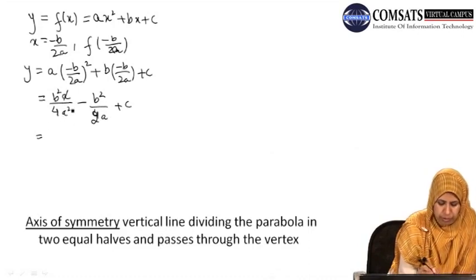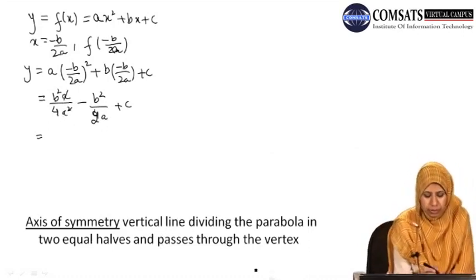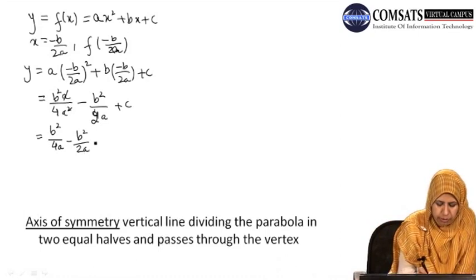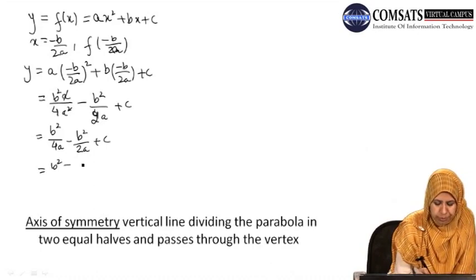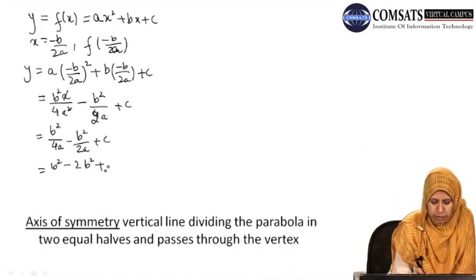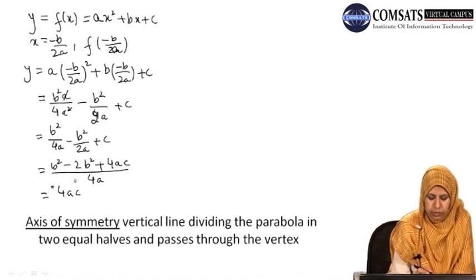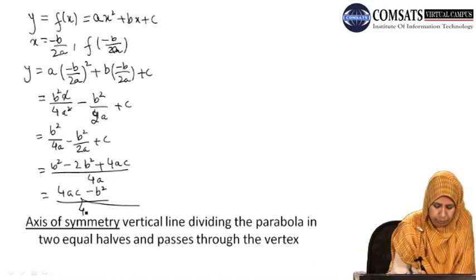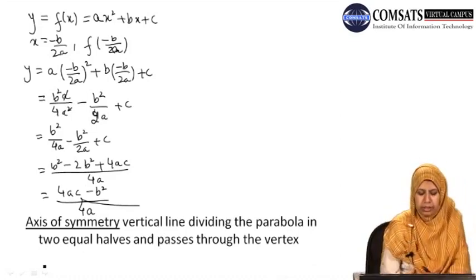Simplifying, one a cancels out, and we obtain b square over 4a minus b square over 2a plus c. Further simplifying, we obtain b square minus 2b square plus 4ac divided by 4a, which is nothing but our y coordinate, which is 4ac minus b square over 4a.